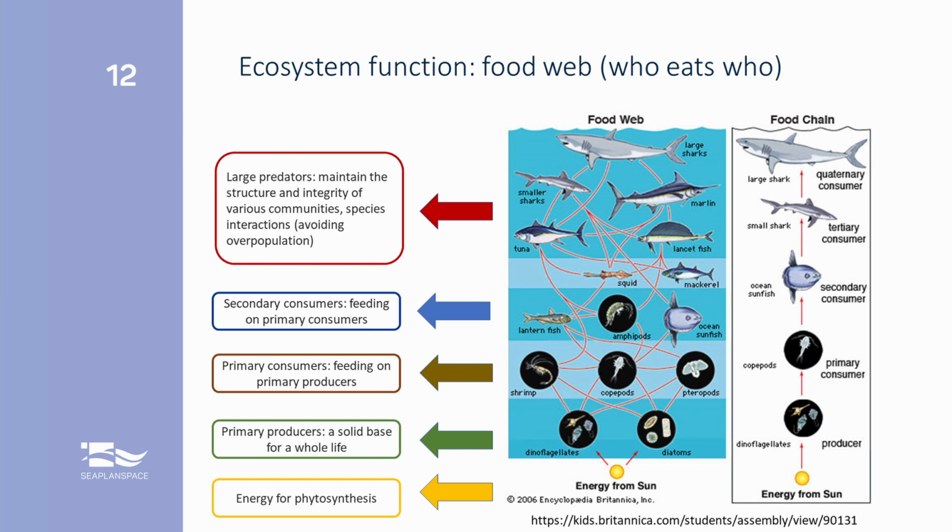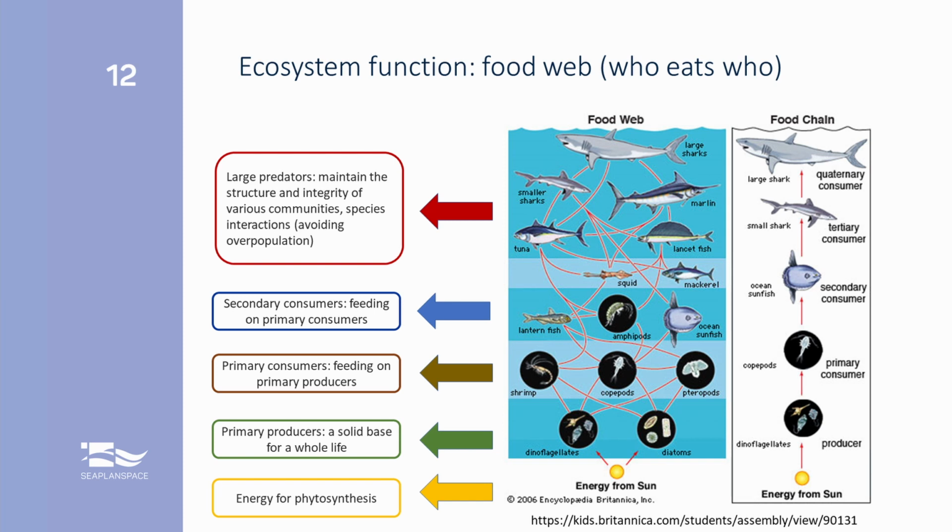This feeding relationship in an ecosystem consists of many interconnected food chains, and this structure forms something which is called a food web. Also here we have energy from the sun as the very base for the web to be formed. Then we have primary producers forming a solid base for all life to occur.